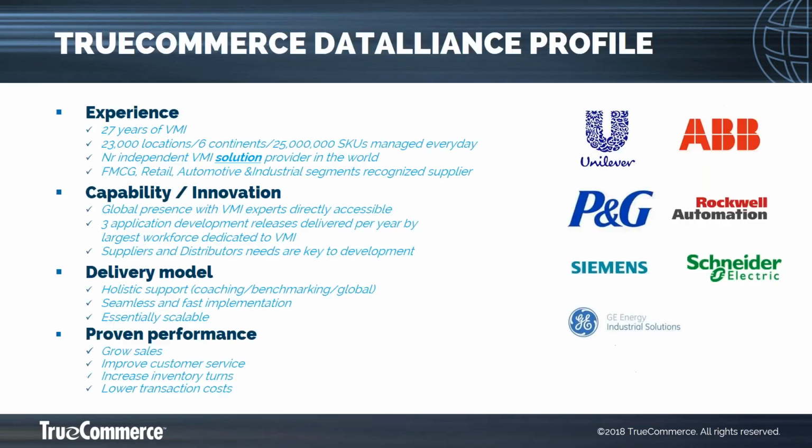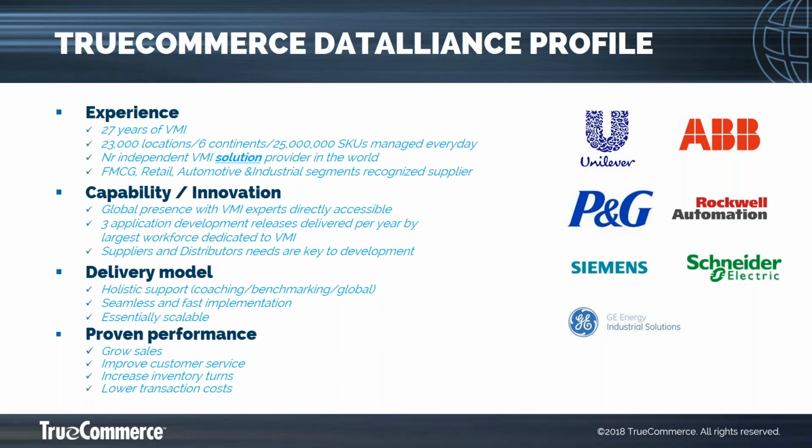Now, a bit more about TrueCommerce Data Alliance itself. Well, we've been doing VMI for 27 years now, across all continents. And according to Gartner, we are still the number one independent VMI solution provider in the world. You see a couple of the other customers. We count over 130 customers across the world. Some of the big names here, but we do count many of those.